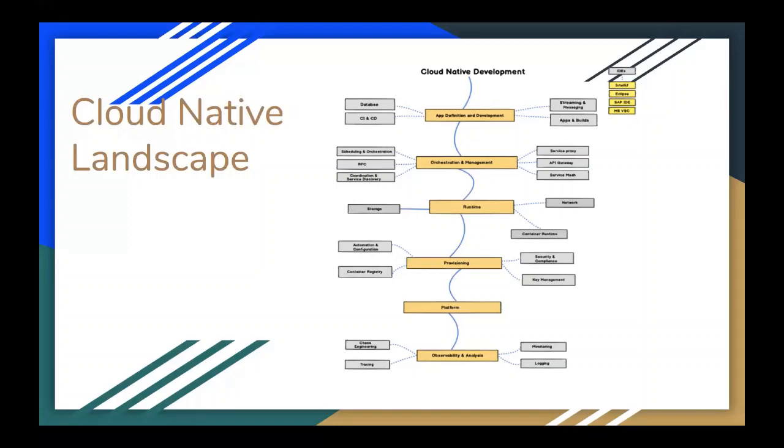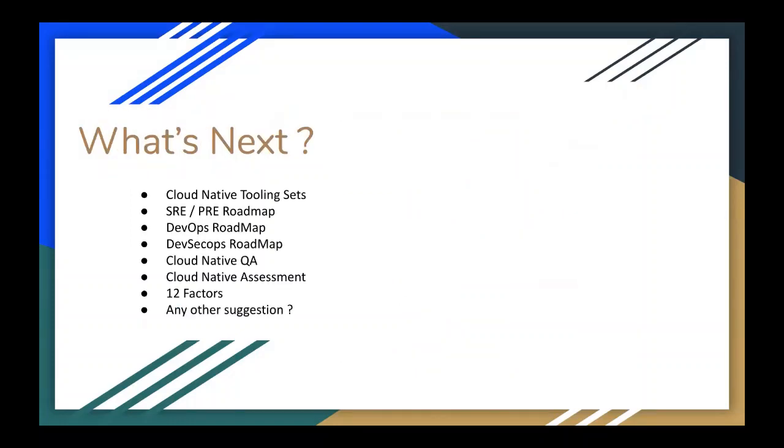There are a lot of things you need to understand and see going forward, especially whoever is doing consultancy or working in a consultancy. These are the next topics I will probably cover going forward: cloud native tooling sets, SRE roadmaps, DevOps roadmaps, DevSecOps.